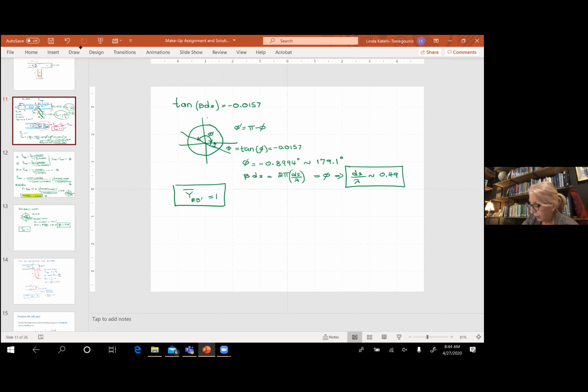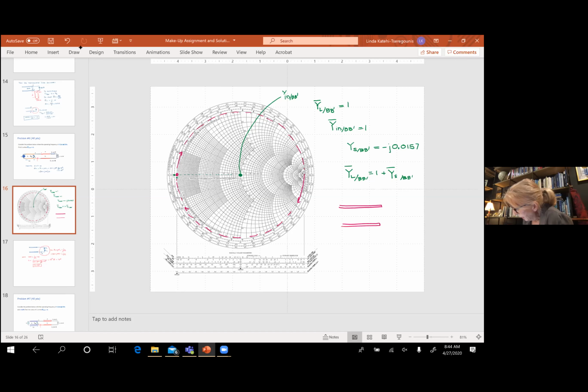So I don't need to do all of these calculations if I am on the Smith chart, because practically, you know that if you have a transmission line, and the transmission line has a section, it has a length D, and then at the end, you have a resistor which is 50 ohms. So your load is 50 ohms. You know that this is always matched.